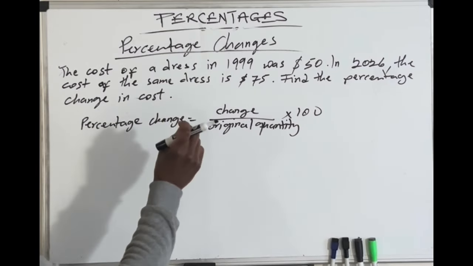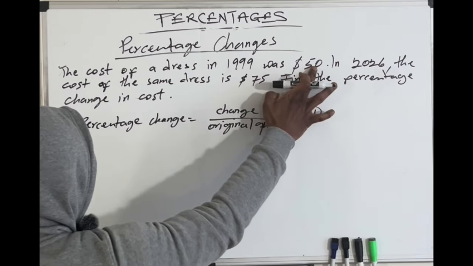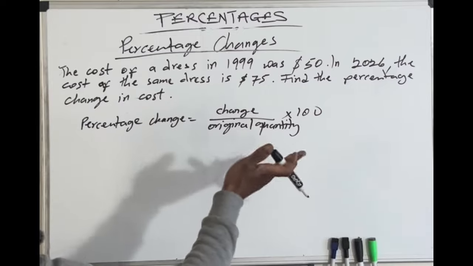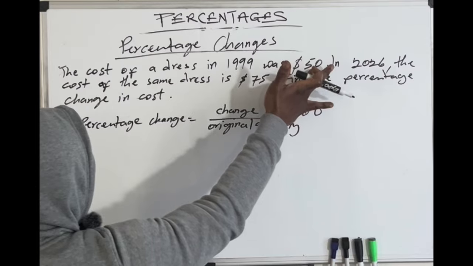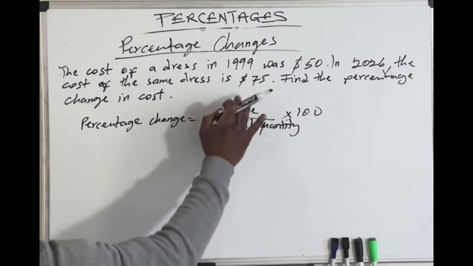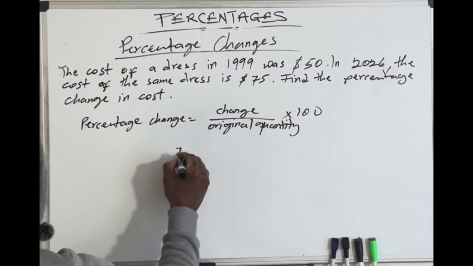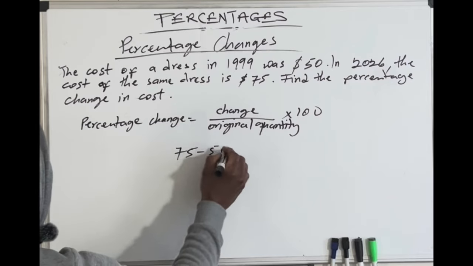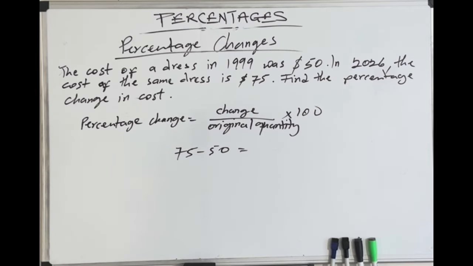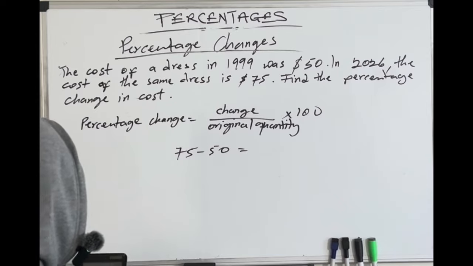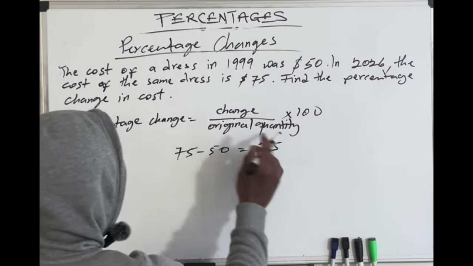The original price was 50. No matter the year, it's supposed to be still $50, but 2026 is 75. So we will just subtract 50 from the 75. So I'm going to calculate 75 minus 50. We have 25. So that will be the change.